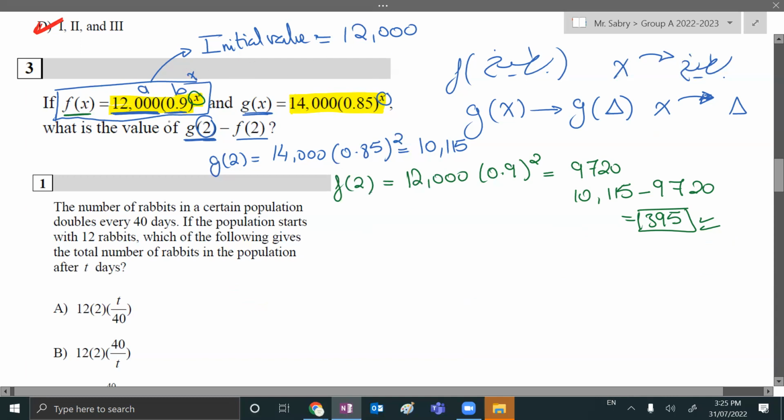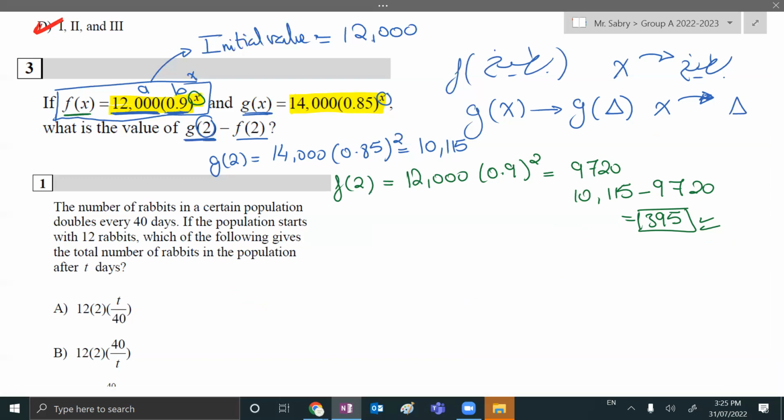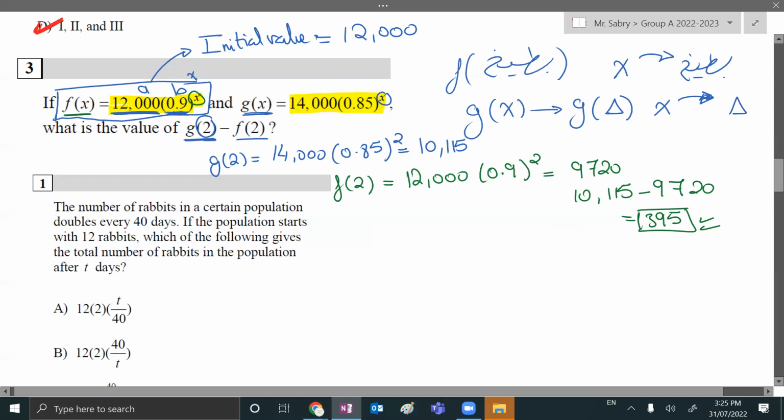Regarding the 0.9, what does that say about this function f of x? Is it a decay function or a growth function? In order to know whether this is a decay or a growth function, I just look at the b. And since b is less than 1, this must be a decay function.